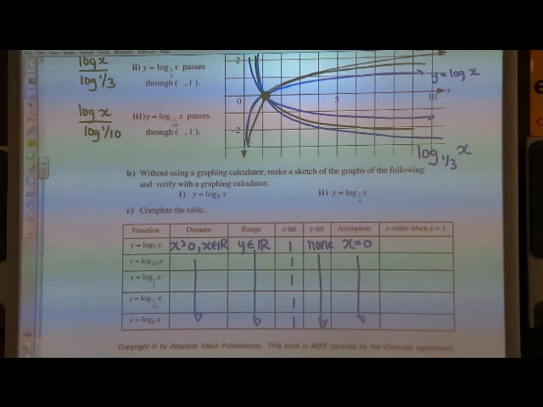And then the last one says, what is the value of x when the value of y is equal to 1? So how can I figure out the answer to this? Change y to 1.